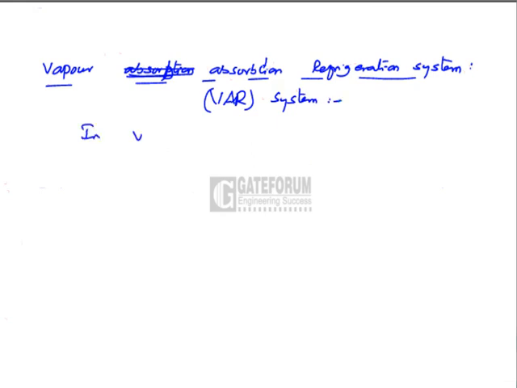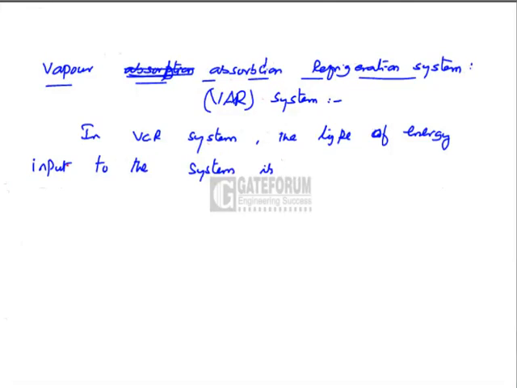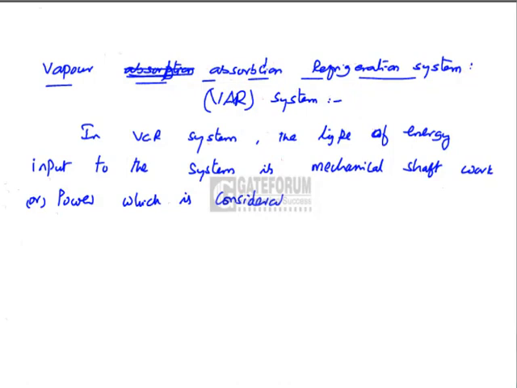In a VCR system, the type of energy input to the system is mechanical shaft work or shaft power, which is considered as high grade energy, or a costlier mode of energy.